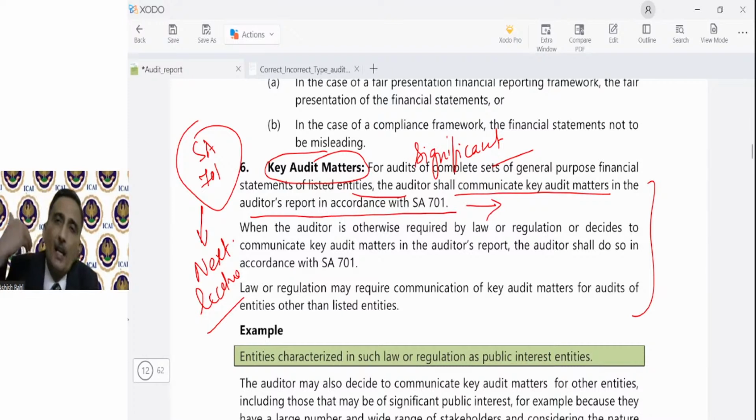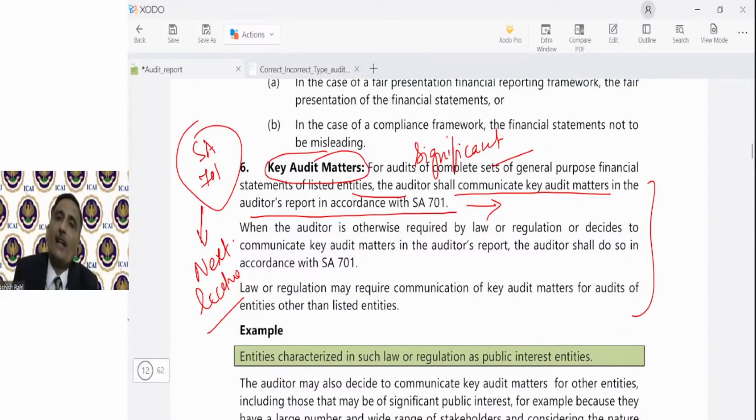We shall be doing the topic of key audit matters in detail the day after tomorrow. So for the time being, you can understand this much, that key audit matters mean some important significant matters which have been identified by the auditor.